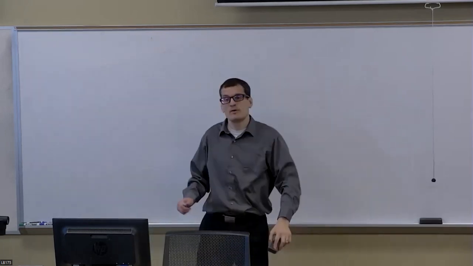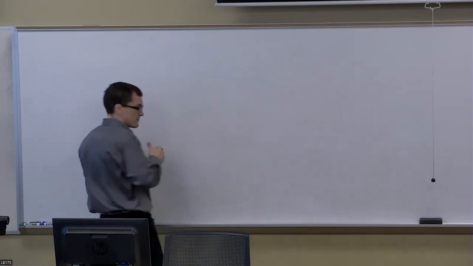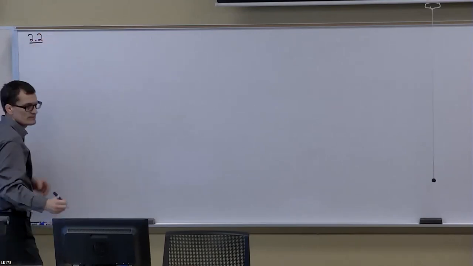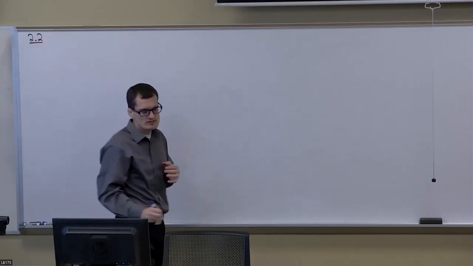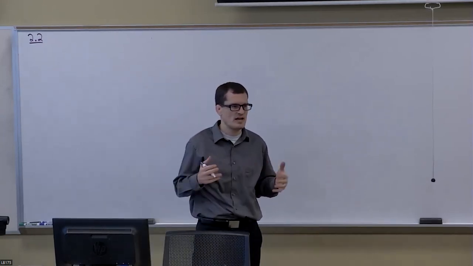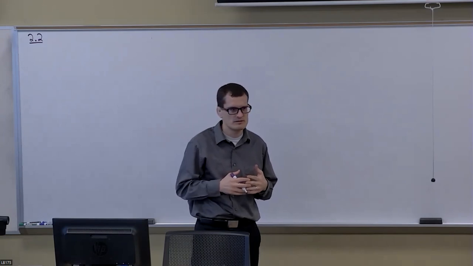All right, so that's all we want to do. That's it for 2.1. Now we're going to move on to 2.2, which is essentially graphs of linear functions, which really has a lot of overlap with 2.1.